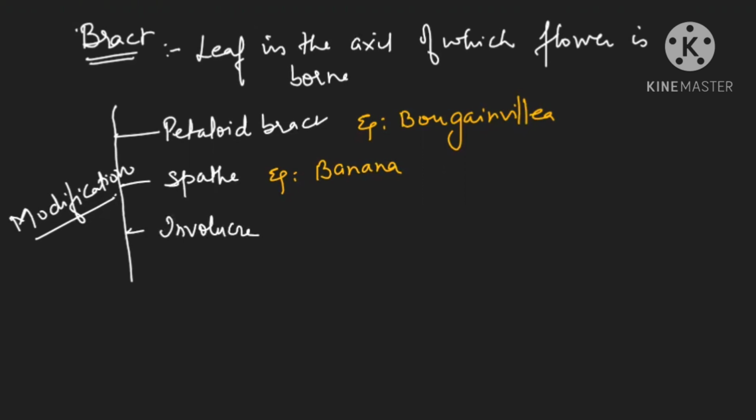Involucre means a whorl of bracts, and it is seen in the umbel inflorescence. Example is coriander.